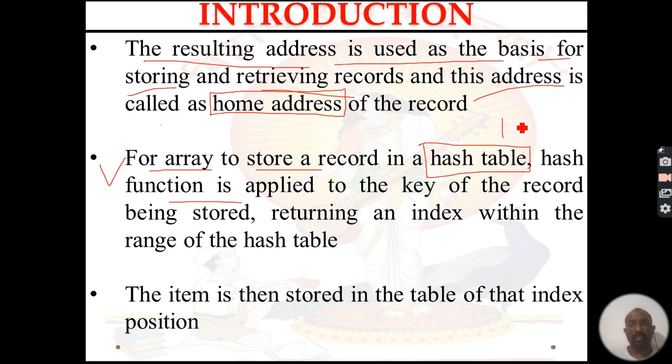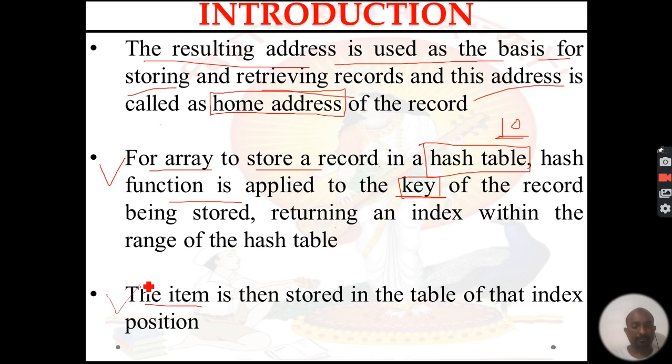Suppose the maximum size of the table is 10, meaning we can store 10 records. But to store the data we should have the key. As per the key we can store the element into the table, but to get the specific hash value we need a hash function. In that function we put the key value, then we get the hash value, and then we can store that particular element at that hash value.